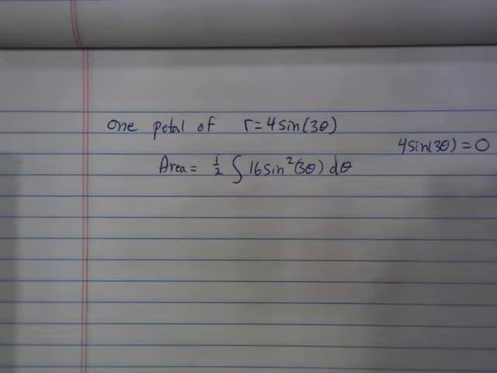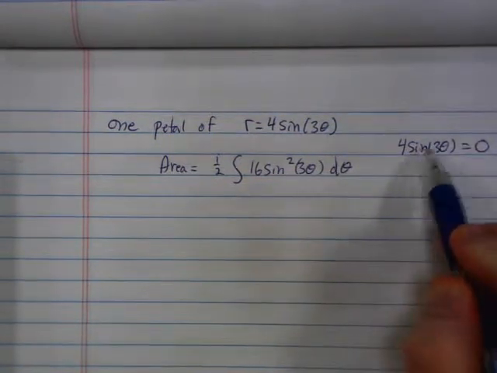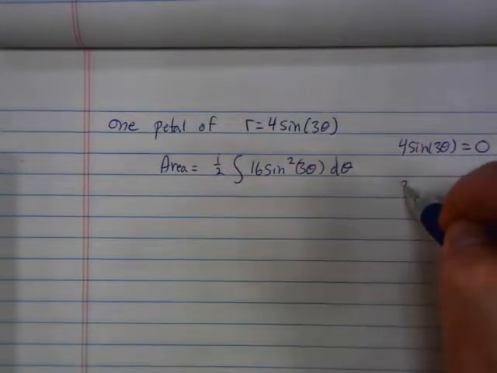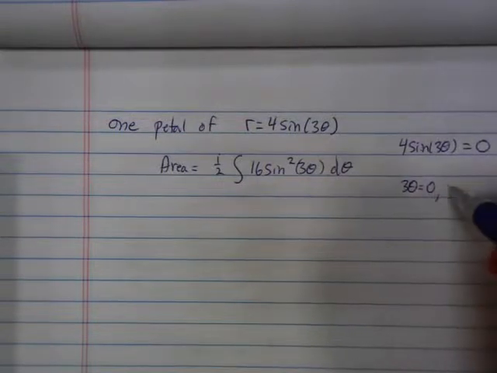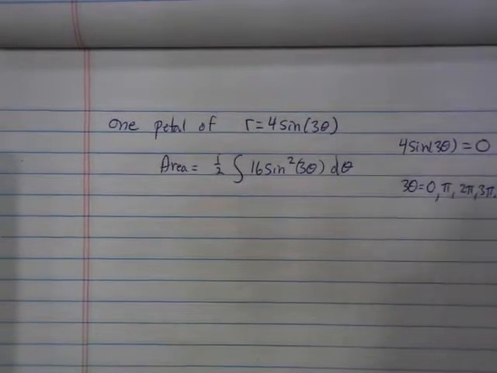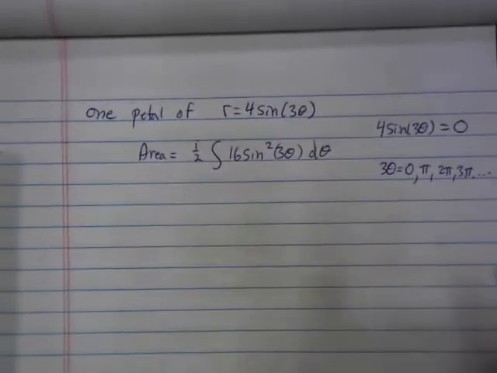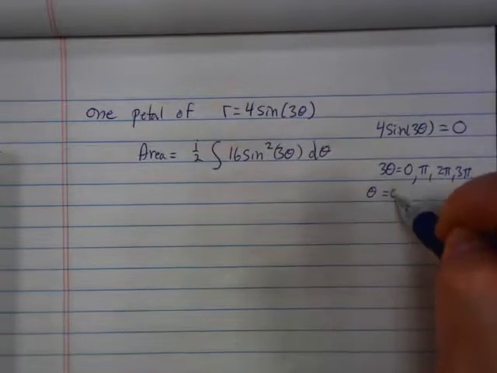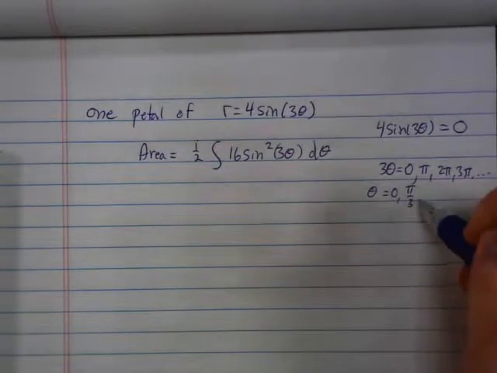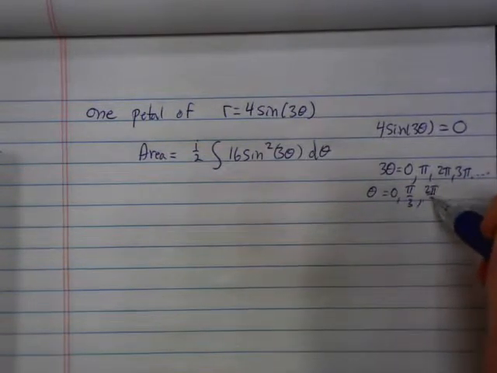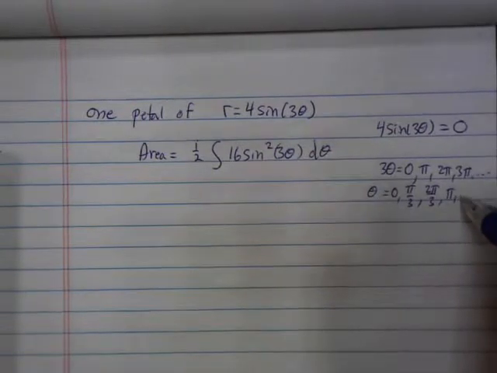So what you need to remember is, when does sine of something equal 0? 3 theta could be 0, pi, 2 pi, 3 pi, and so on. If I divide by 3, theta should be 0, pi over 3, 2 pi over 3, pi, and so on.